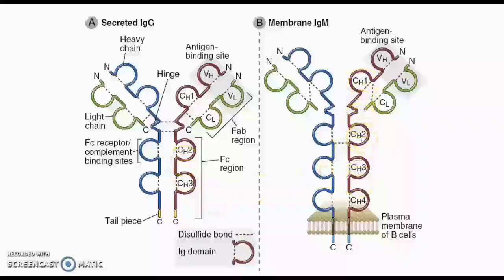Each light chain is composed of one variable region, V region, and one C region. Here is the V region immunoglobulin, and the C region.